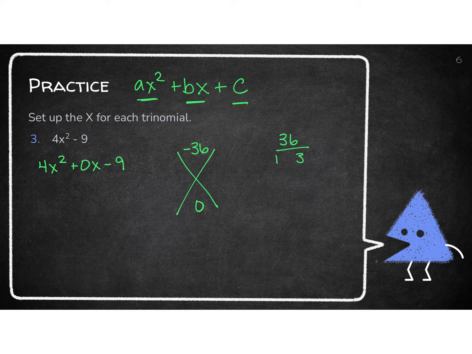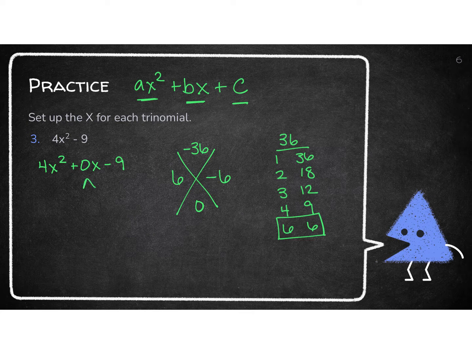So I have 1 and 36, 2 and 18, 3 and 12, 4 and 9, 5 does not go into 36, and then I have 6 and 6. So out of all of these, the ones that add or subtract to 0, it's going to be this. I know, though, that I need to subtract to 0, so I have 6 minus 6.